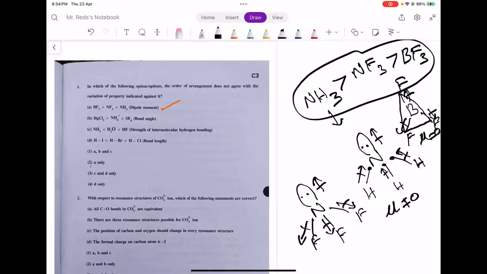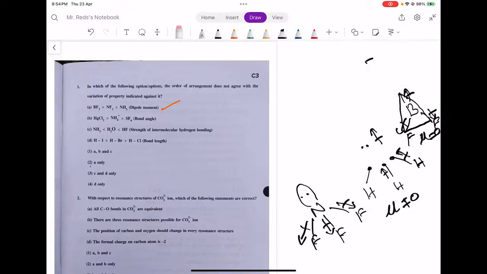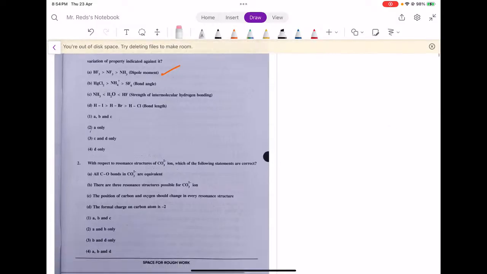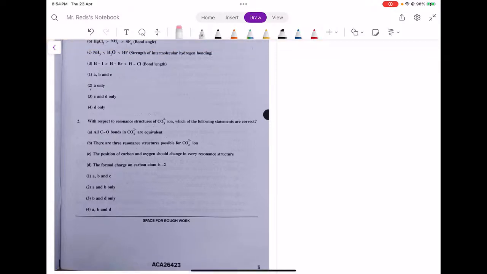Okay. Go to the second question, students. With respect to resonance structures of CO3 2- ion, meaning carbonate ion, which of the following statements are correct?